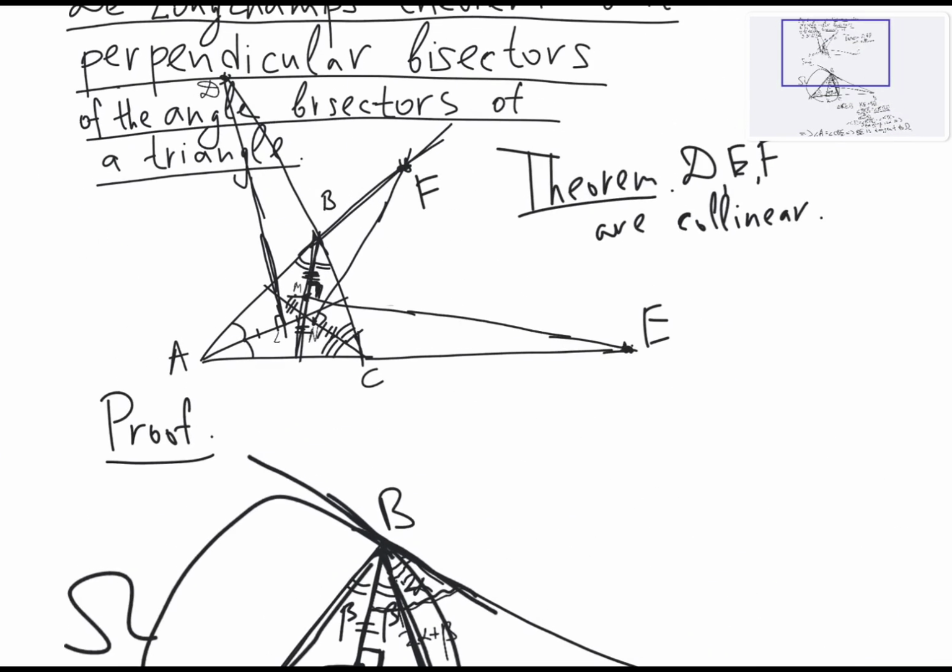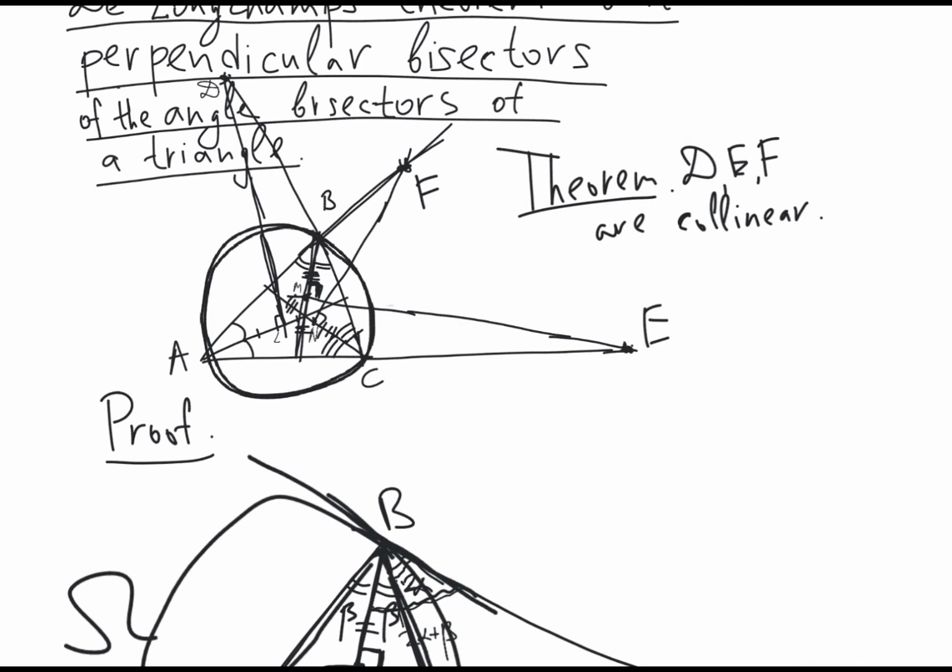If we consider the circumcircle of the triangle ABC, what we just proved is that BE, if we connect B to this point E, is a tangent to the circumcircle. Similarly, by repeating the same argument, if we connect point D to A, and F to C, they would also be tangents to this omega, the circumcircle of the triangle ABC.